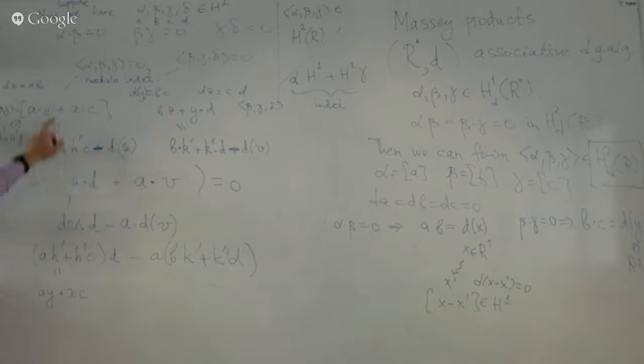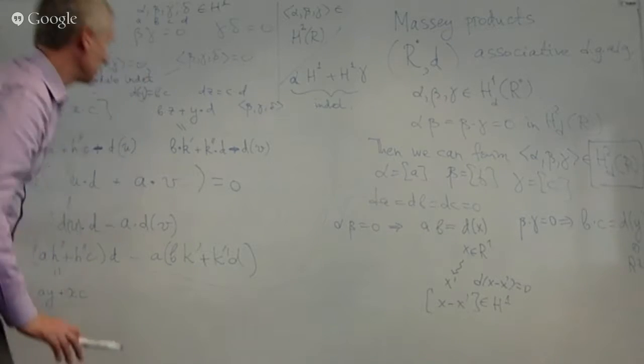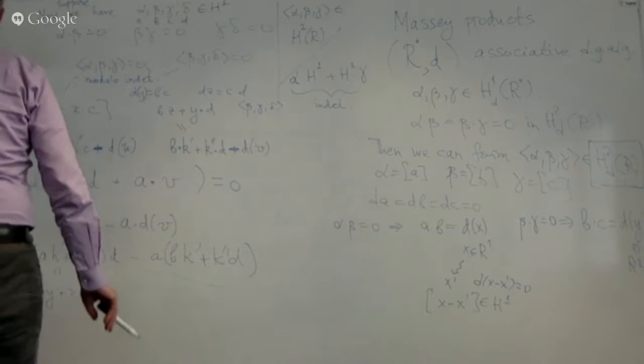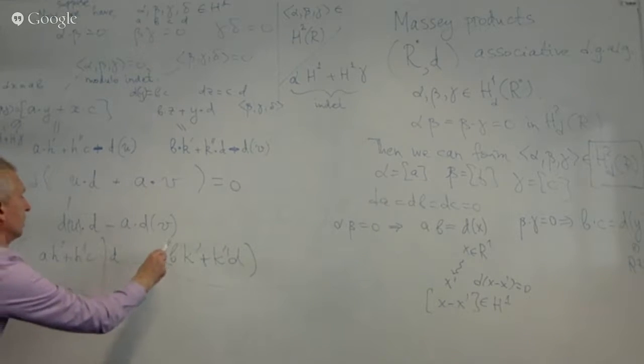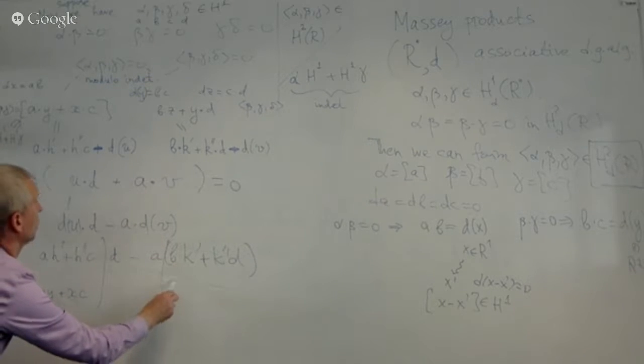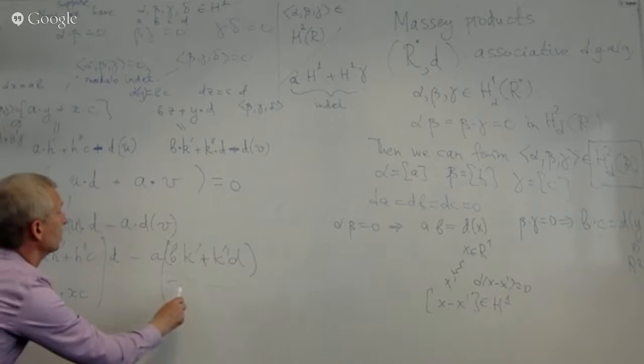D of U equals this minus this. Yes, but anyway, I may be losing myself now, but it would be this minus this minus this times D plus A times this minus BZ.